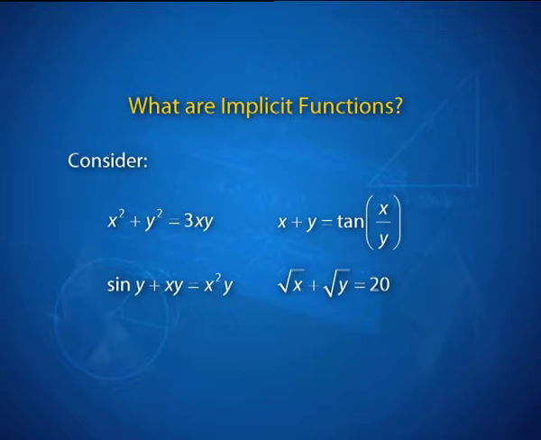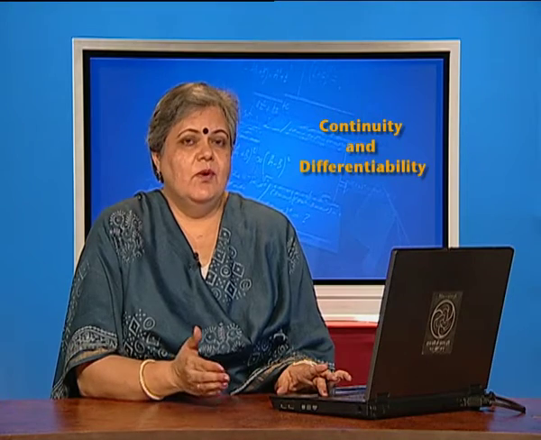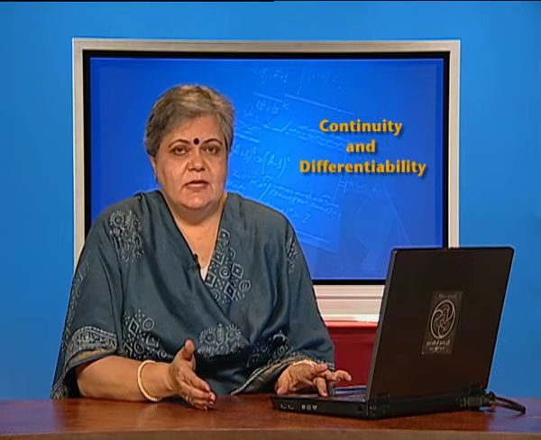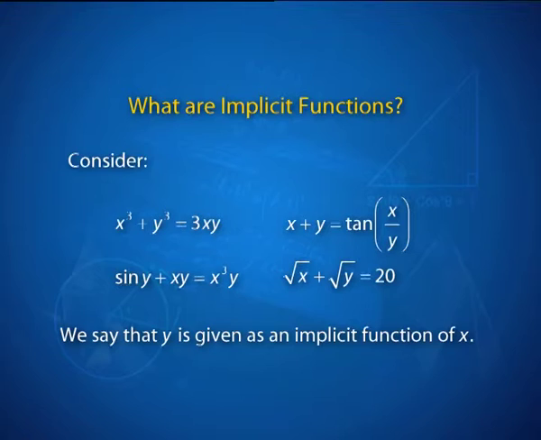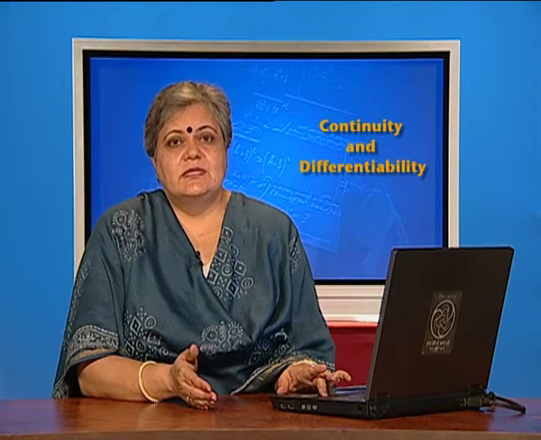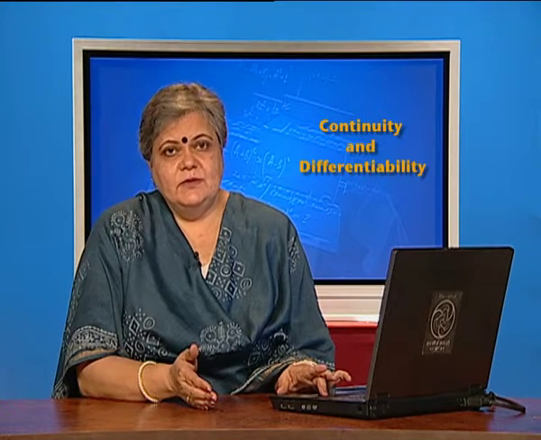Perhaps as you look at each one of them, you will be able to say no. Such functions where there is a dependence of y on x, but y cannot be expressed explicitly in terms of x, we say that y is an implicit function of x. And today we are here to discuss the differentiation of implicit functions.